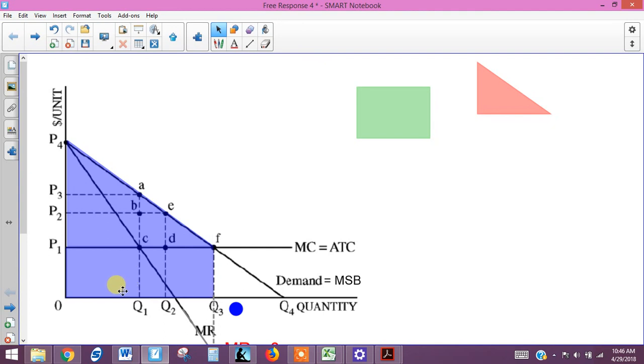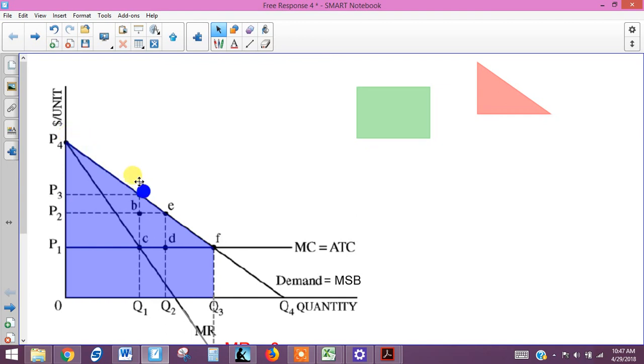If they're going to produce out to here, and they're going to charge a different price for every consumer along this demand curve from here to here, then the revenue is going to be this whole area defined as P4.